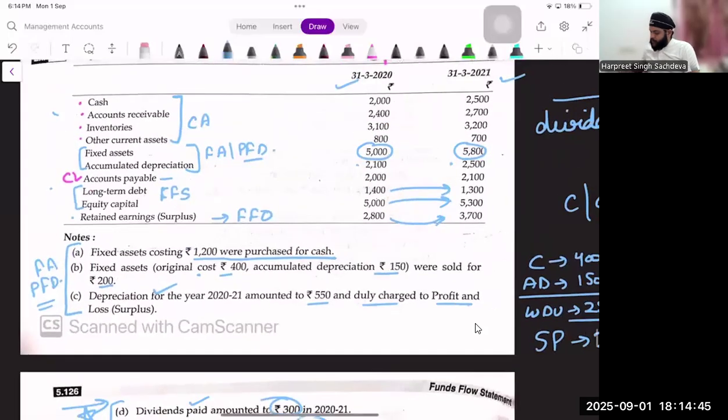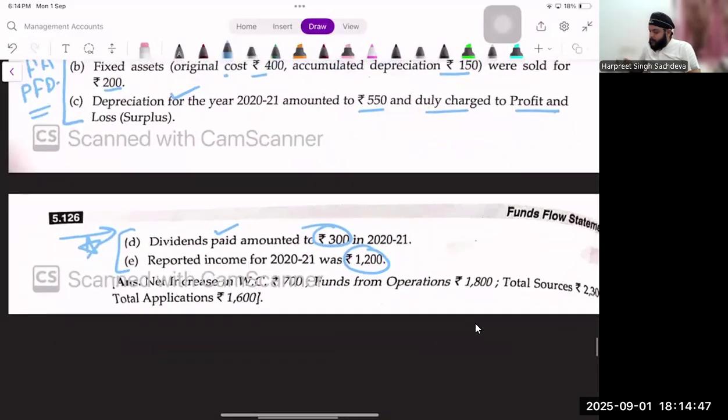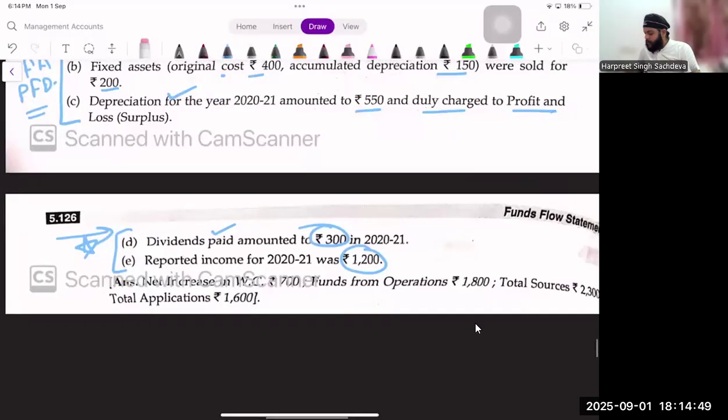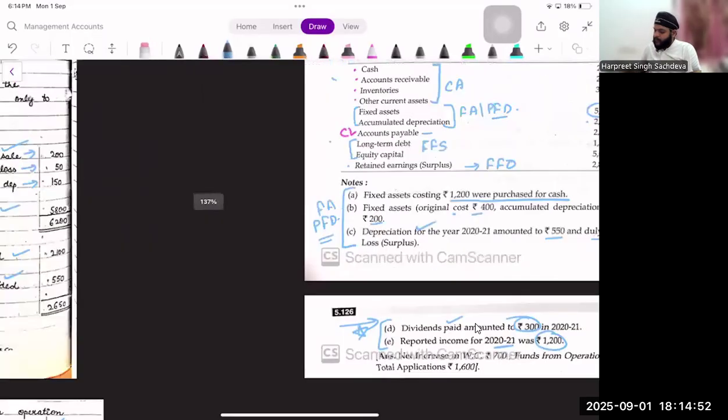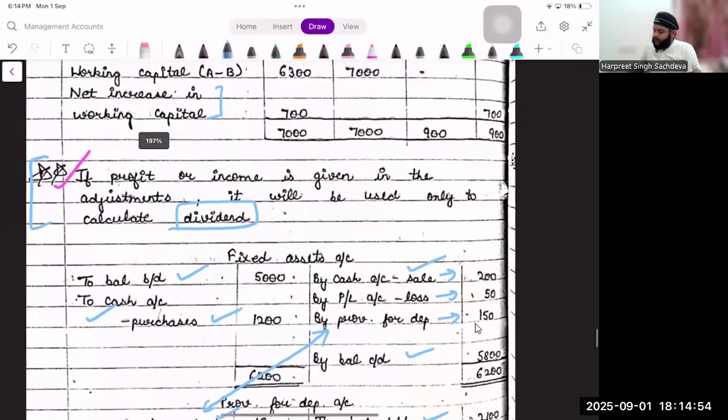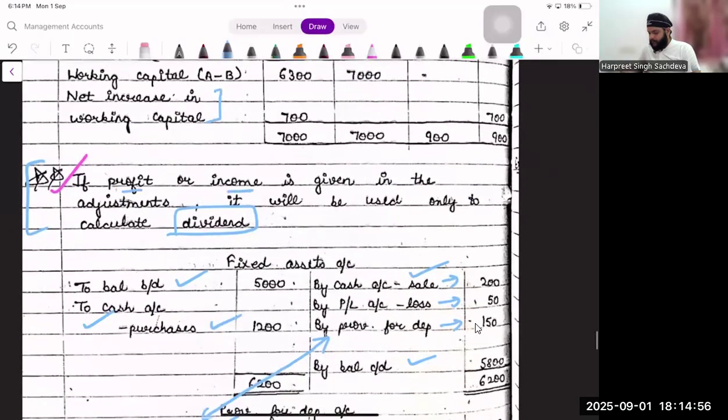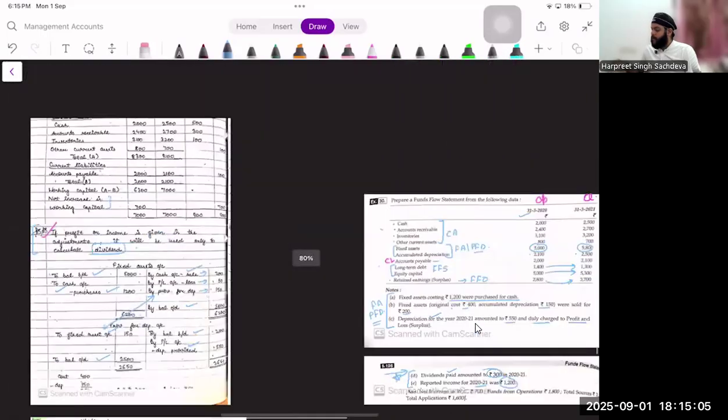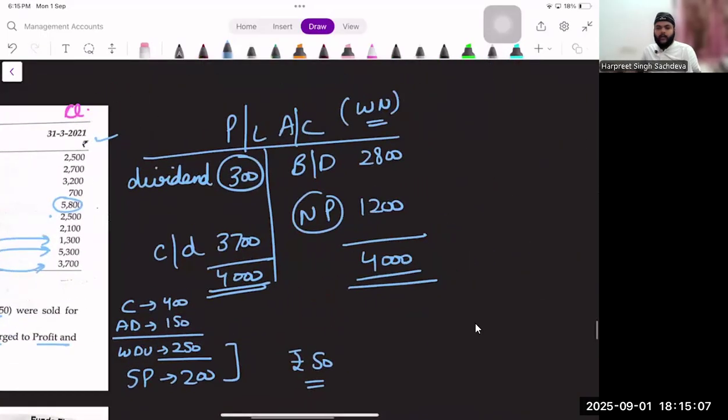Okay. So look Raja, reported income is given for the year 1200. You need to understand this note. If profit or income is given in adjustment, you can find dividend from there. Means you are having a P&L account.